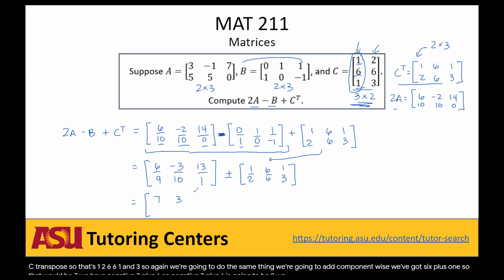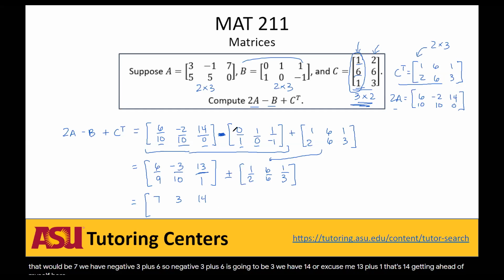We have 13 plus 1. That's 14. Getting ahead of myself here. We have 9 plus 2. That's going to be 11. 10 plus 6. That's 16. And 1 plus 3. That's going to be 4.